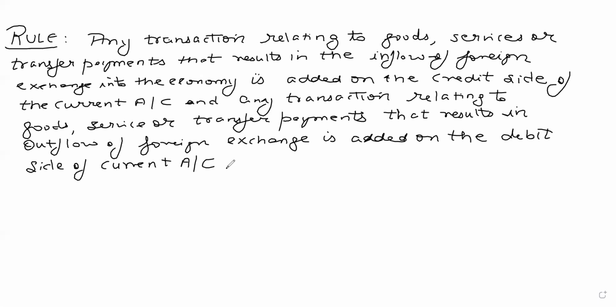On the other hand, any transaction which causes the foreign exchange to flow out of our country will be added on the debit side of the current account and will be treated as deficit. So I can say that using this rule, we can say that the current account will be in surplus.